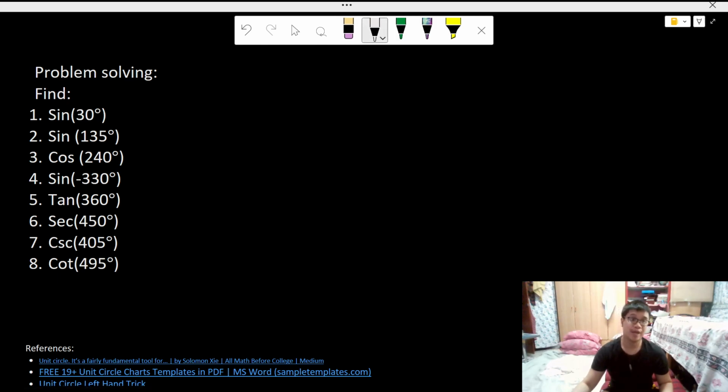Or we can do the other way, which is getting the coterminal angle. If you're going to get the coterminal angle of negative 330 degrees, make sure it is within the range of 0 degrees to 360 degrees.